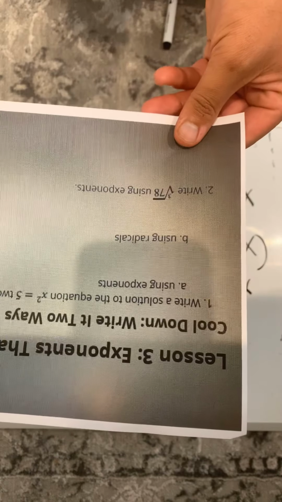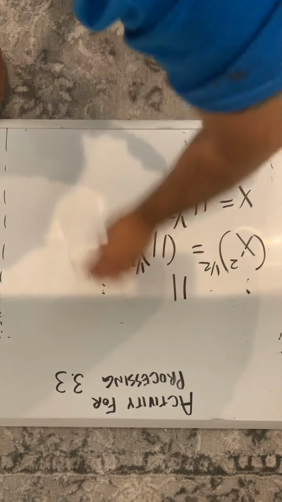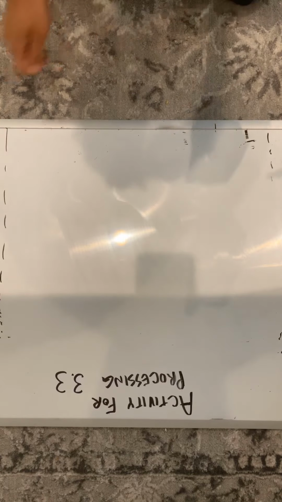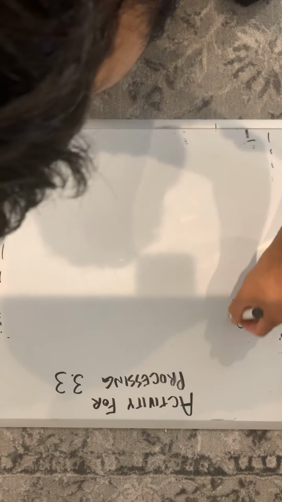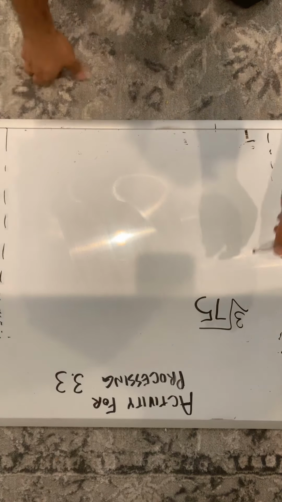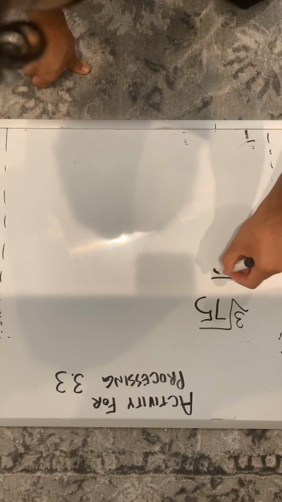The last one, we need to write the cube root of 78 using exponents. This one's a lot easier compared to these two, in my opinion. So here's a few to get you started here. What was the other one? Fifth root. I'm getting fancy here. I'm using different index values.